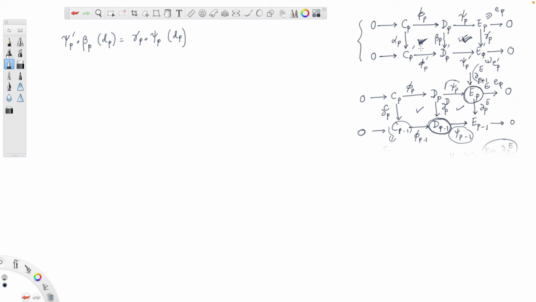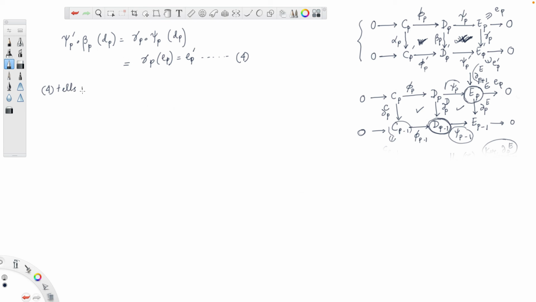Okay, I think it's not the first one, the right hand square. The right hand square is this square. Okay, so the commutativity of this square gives us psi p prime composed with beta p is gamma p composed with psi p. Okay, so this is equal to gamma p EP and this is equal to EP prime. This is equation number 4.